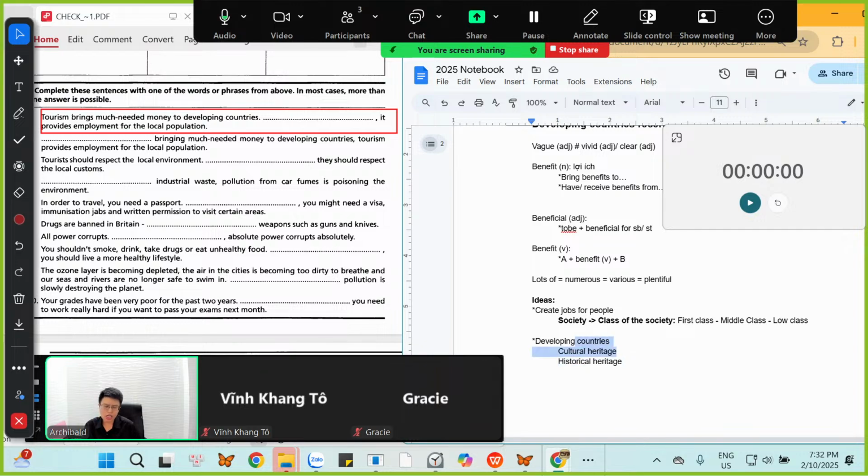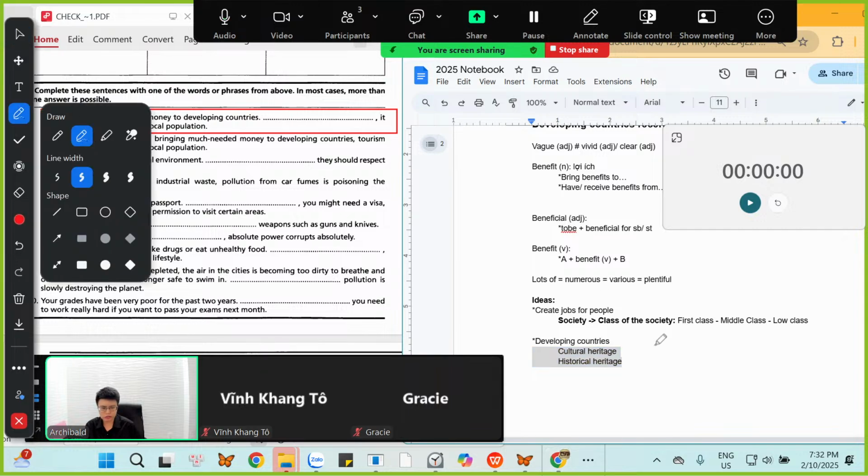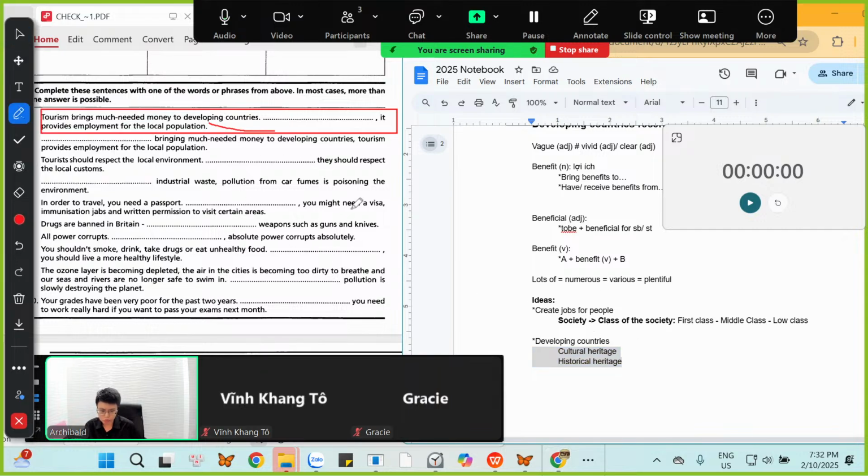And you can just talk about these things in a brief way. You don't need to be specific. You don't need to be detailed because once we talk about tourism, we don't need to mention clear details about the cultural heritage. We don't talk about heritage alone. We talk about tourism's benefits. So please be careful.